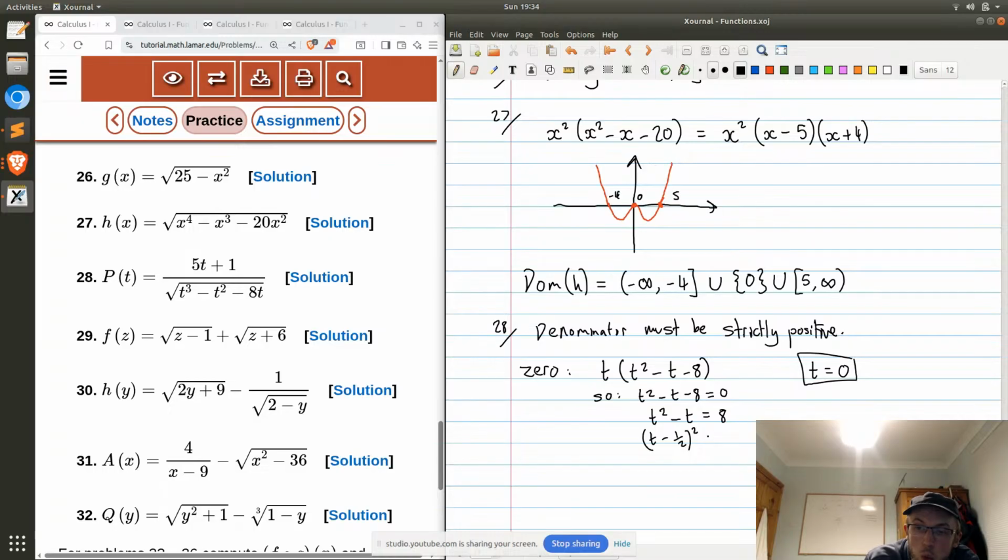So 8 1/4 means 65/4. So t is half plus or minus root 65/4, like that. And there's your other root.